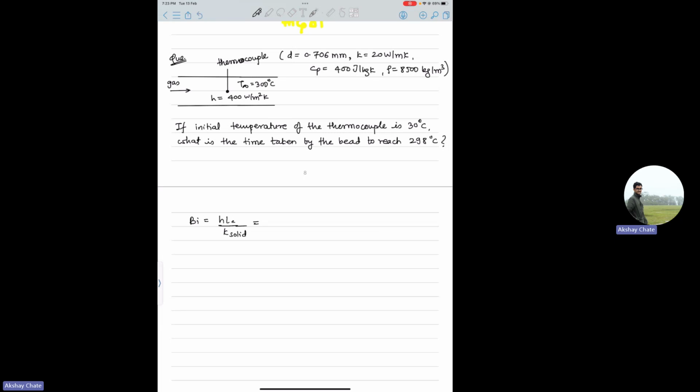Lc in case of sphere is R by 3, as we discussed earlier, so that is D by 6. So hD by 6k. h is 400, diameter is 0.706 into 10 to the power minus 3 meters, 6 into 20. These are the given values.